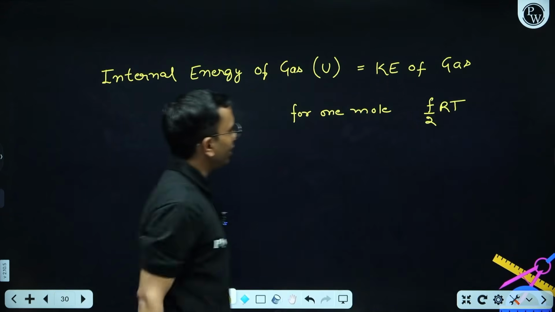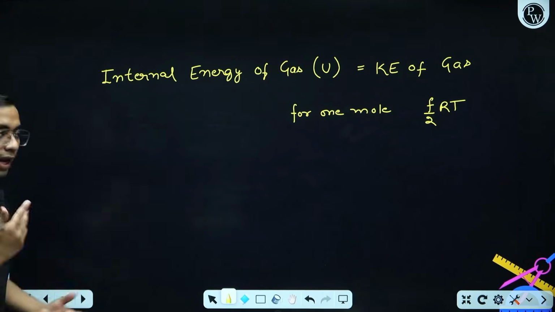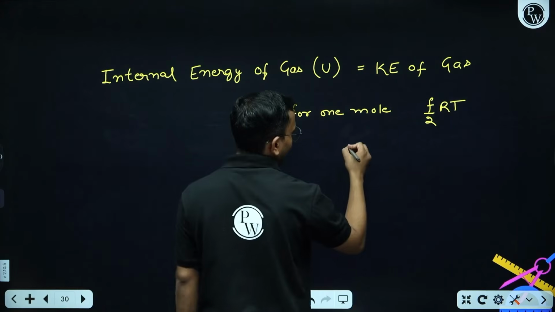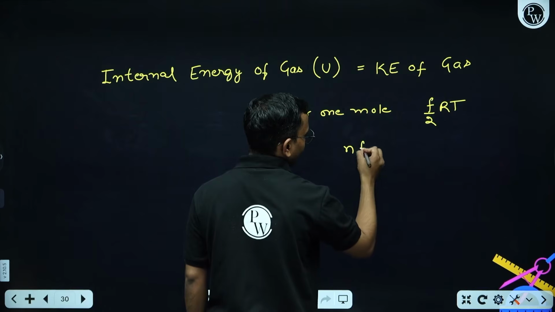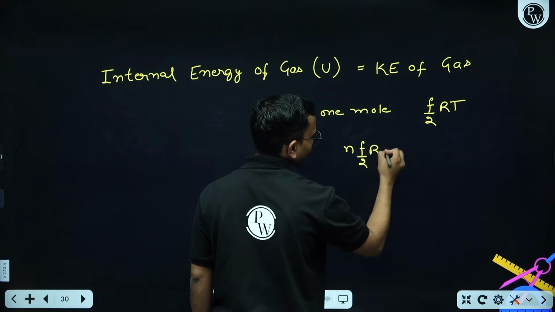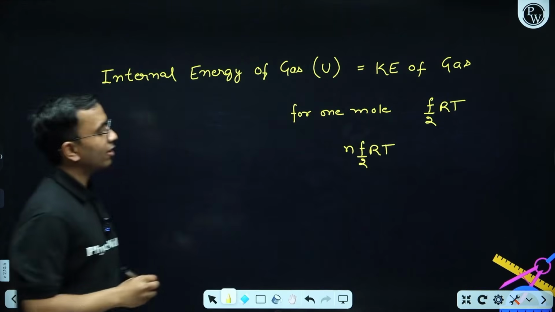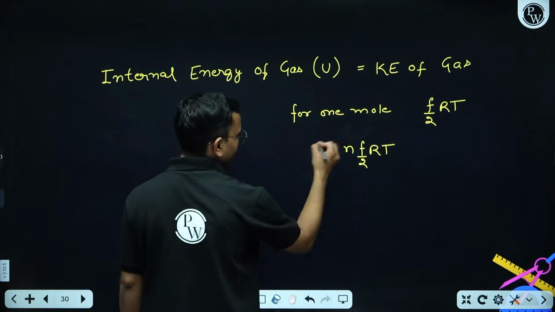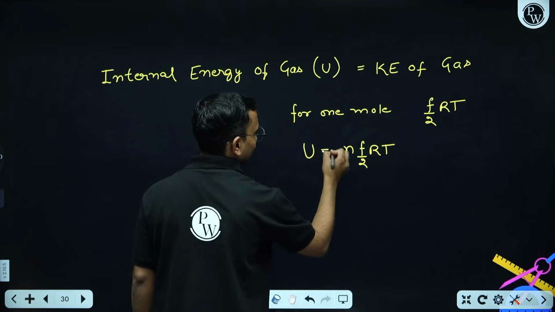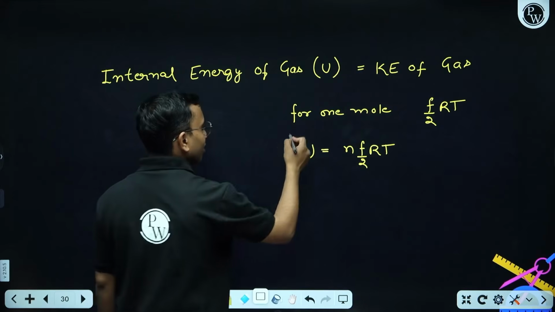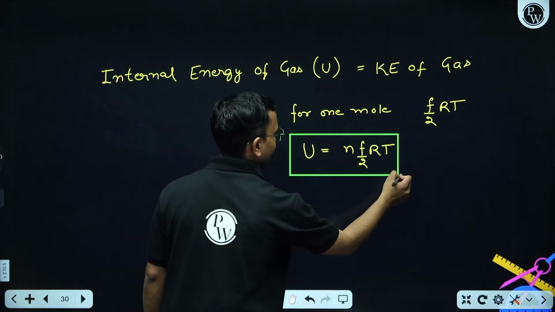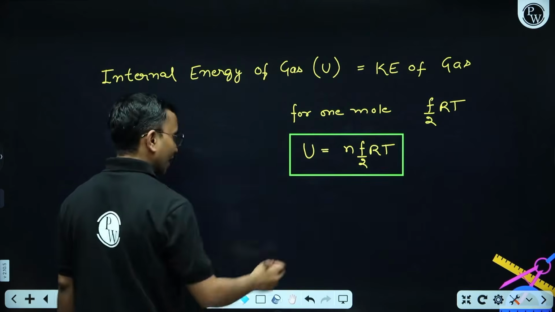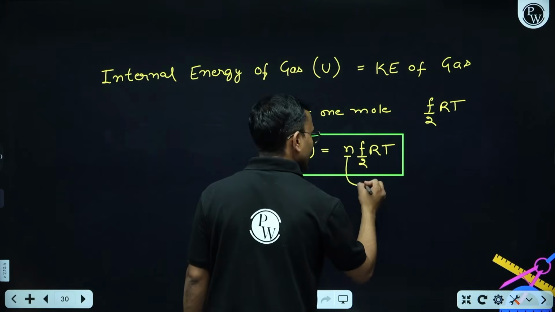So for n moles it will be n F by 2 RT, and this becomes the internal energy of the gas, where n is the number of moles.